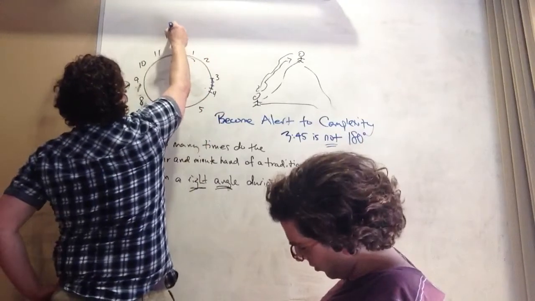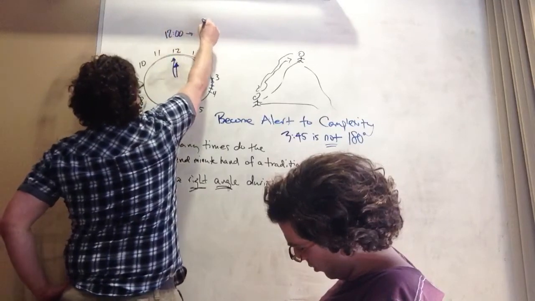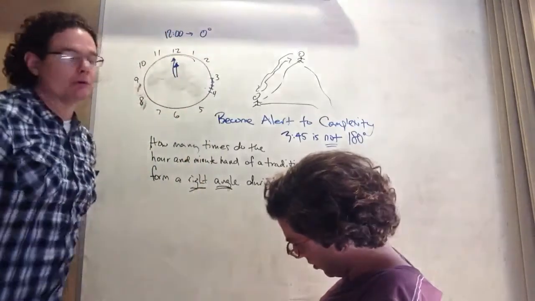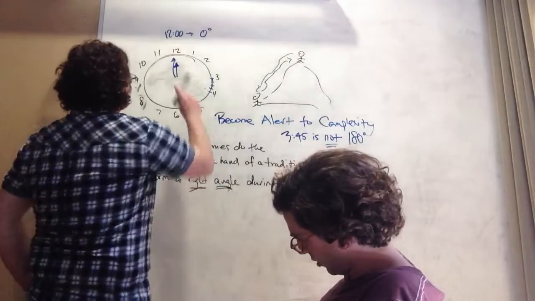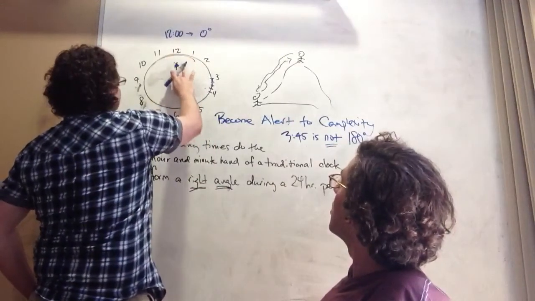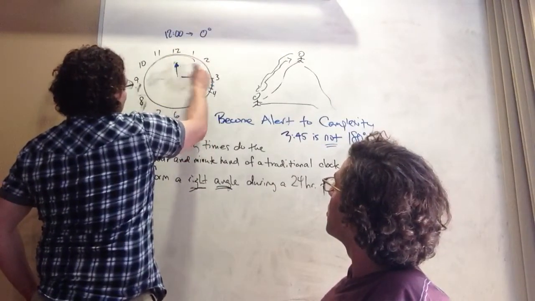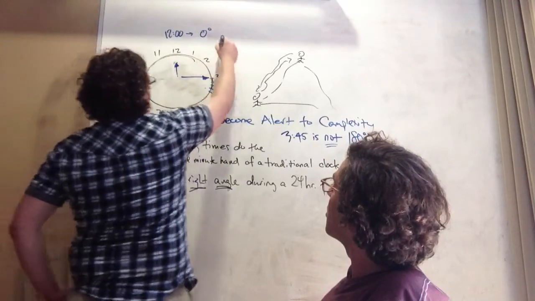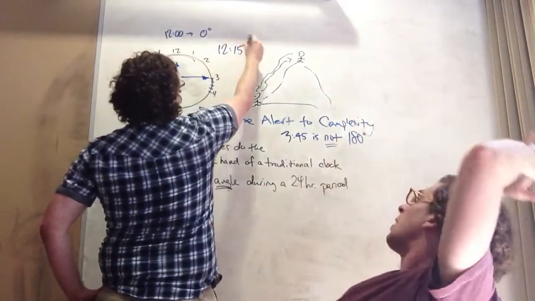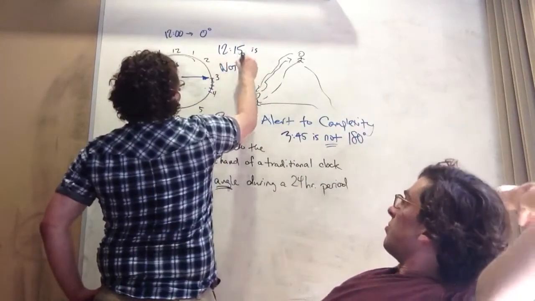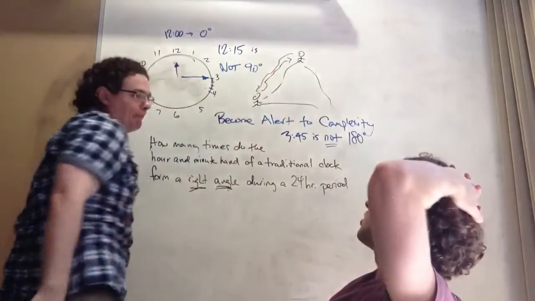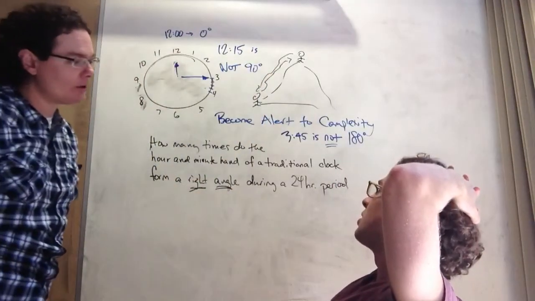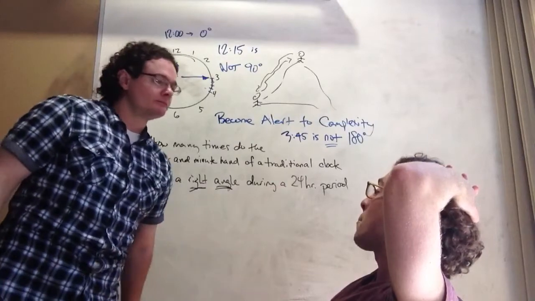You would call that 0 degrees. It's a 0-degree angle. It's not the case that 12:15 is 90 degrees, right? Is it less than 90 or more than 90? Don't answer. People are going to figure it out.